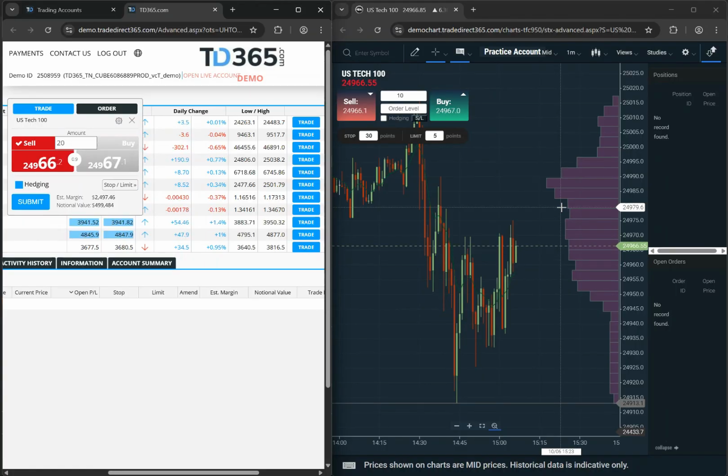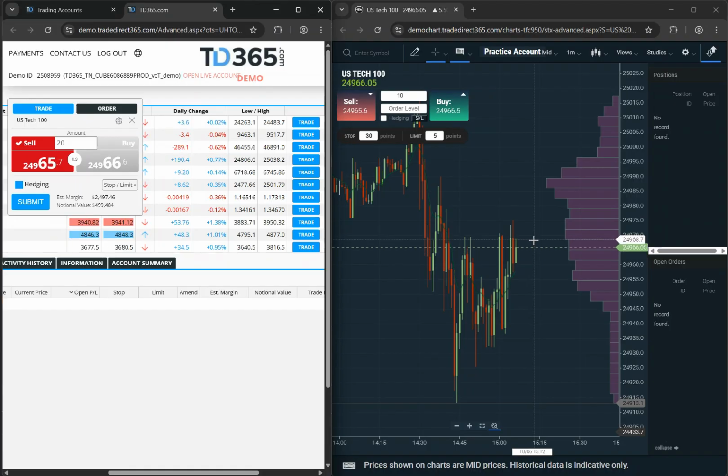I get on the chart and I look at where price has been in relation to the low volume node on the volume profile.